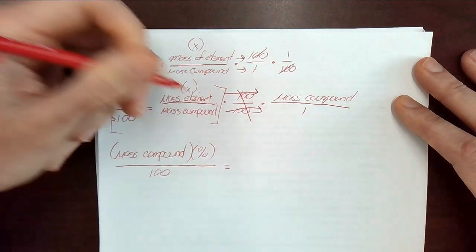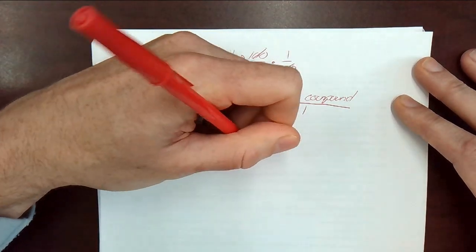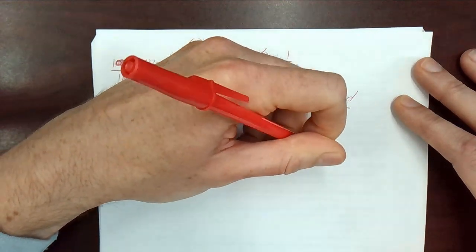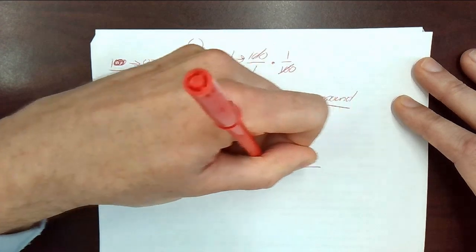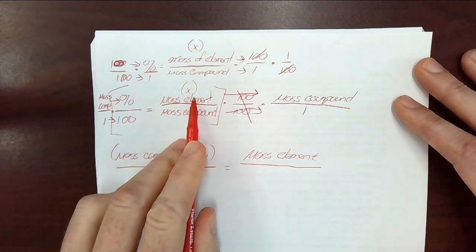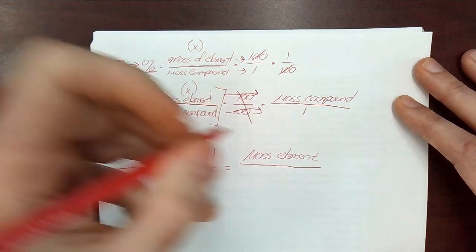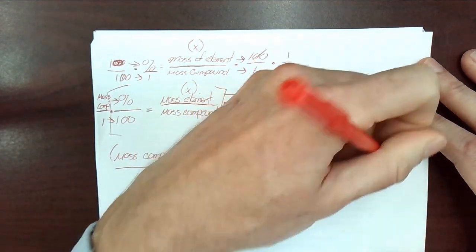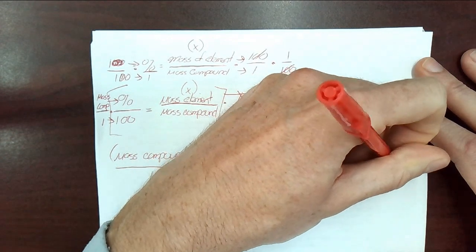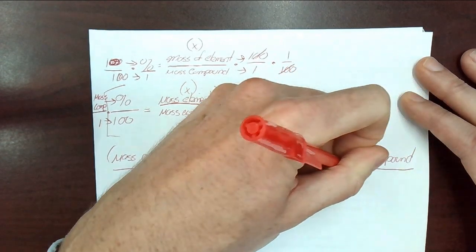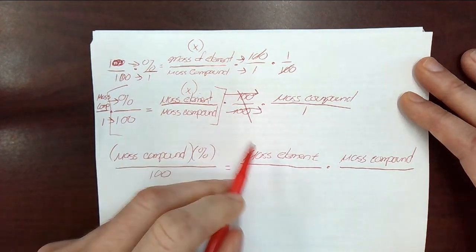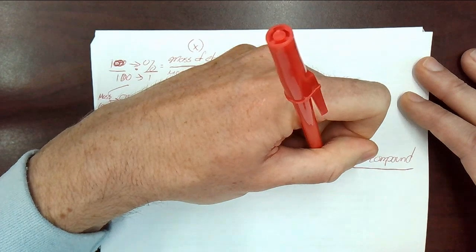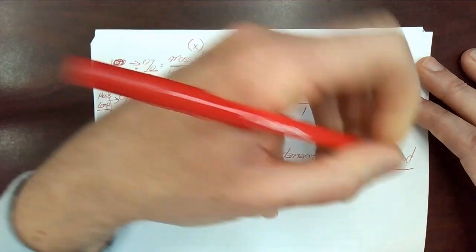And over here I have the mass of the element on the top times the mass of the compound, and then mass of compound times 1 over here. I'm going to add that.